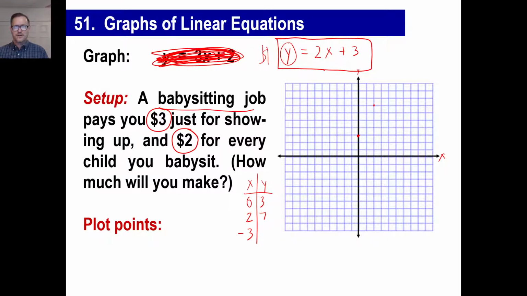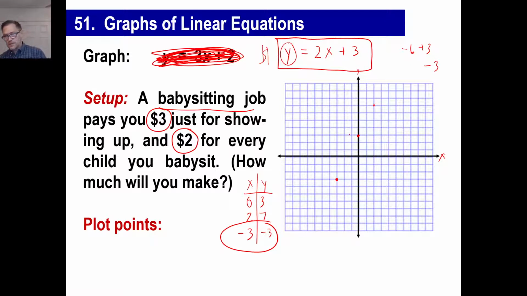What's 2 times -3? -6, right? Then -6 plus the 3. What's -6 plus 3? -3, right? So if -3 kids show up, you make -3. In other words, the lady goes, thank you, and takes away 3 of your dollars. Anyway, let's graph this point right here. -3, -3. This time on the x, we'll go backwards, and there it is.